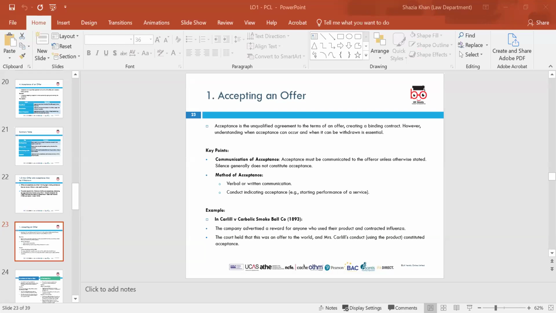The claimant, Mrs. Carlill, then purchased some smoke balls and, despite proper use, contracted influenza and attempted to claim the £100 reward from the defendants. The defendants contended that they could not be bound by the advert as it was an invitation to treat rather than an offer, on the grounds that the advert was mere puff and lacking true intent, and that an offer could not be made to the world.